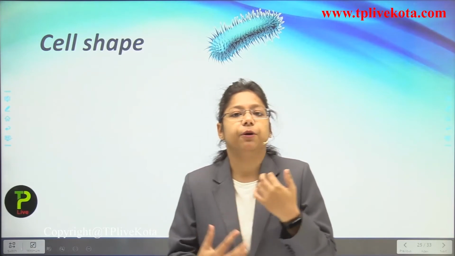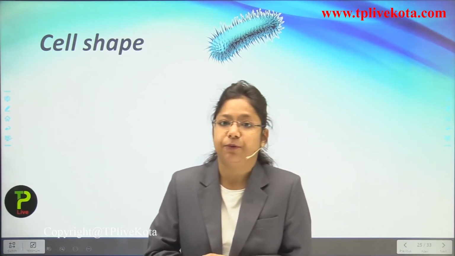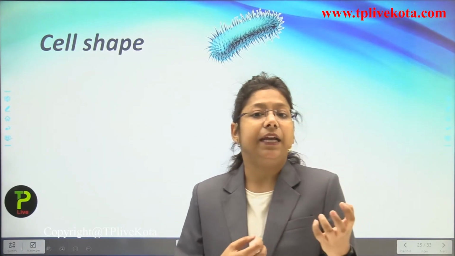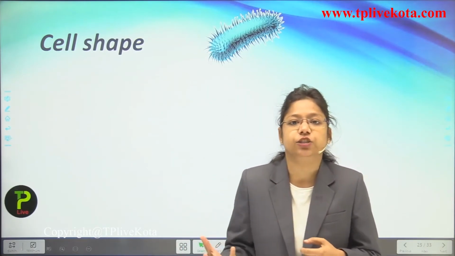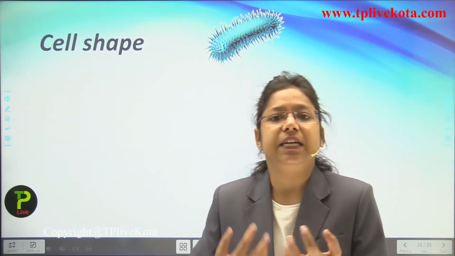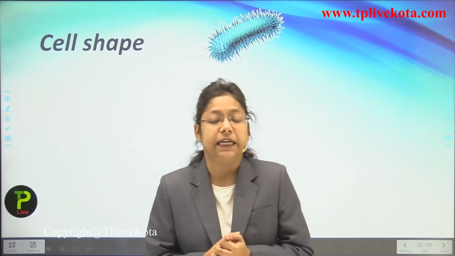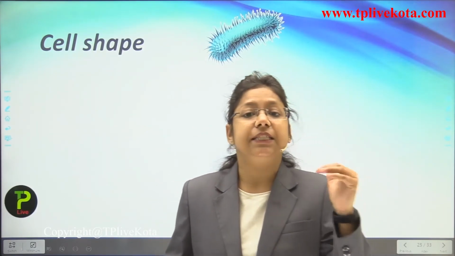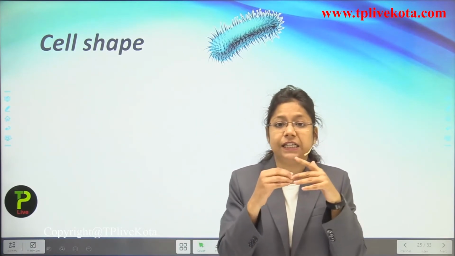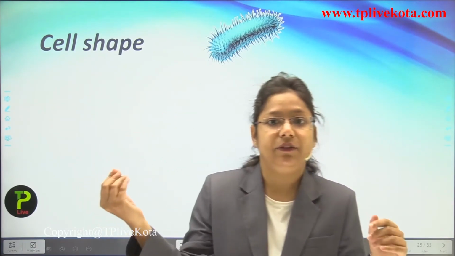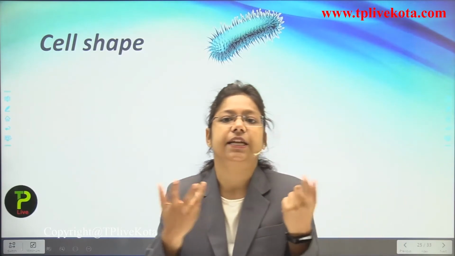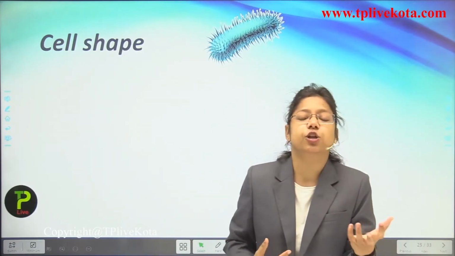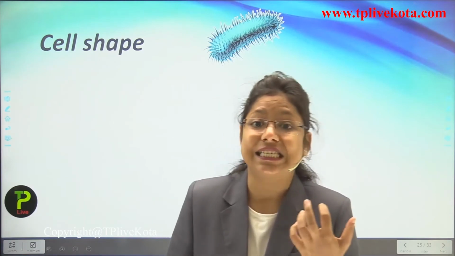Different types of cells are present in different organisms depending upon their skin, texture, hair, and fur. Each and every part of our body, like the nails, hair, eyes, and nose, consists of different kinds of cells.